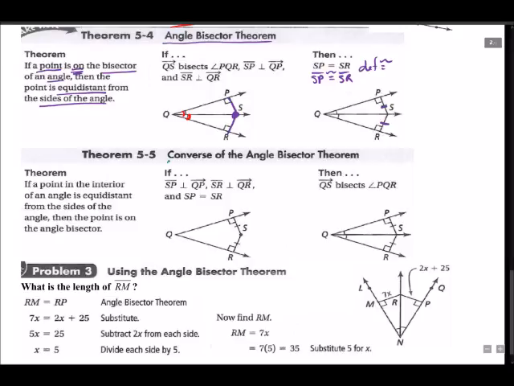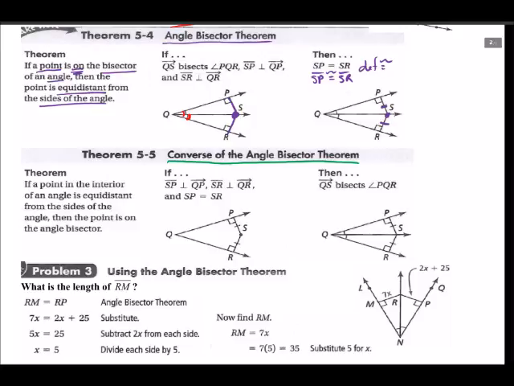And then, of course, we have the converse of the angle bisector theorem. So what was our requirement up here? If your point is on the angle bisector, and then the result was the point, this point right here, is equidistant from the sides of the angle.